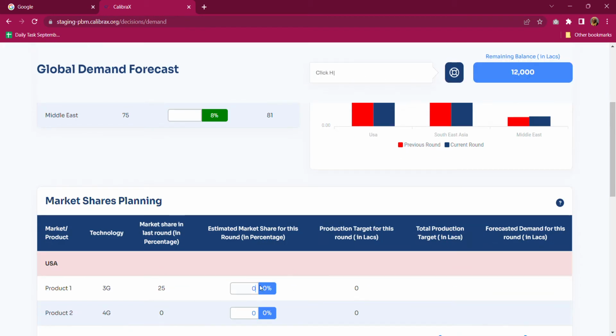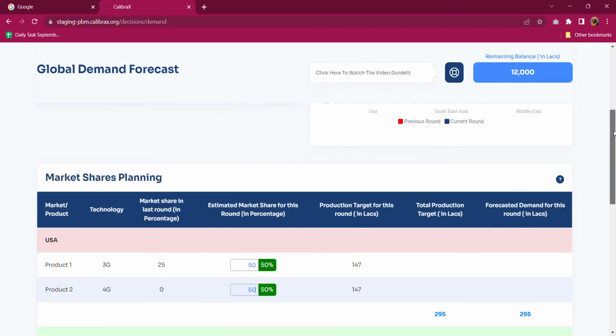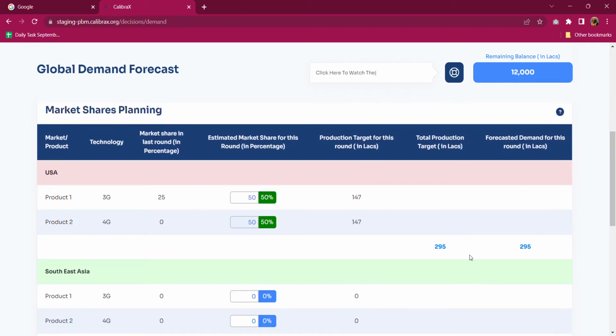Now let's say we are planning 50% for 3G and 50% for 4G. So we are entering 50%. And here you can see that our predicted market share is 295. This is how I am going to input all the markets for 3G and 4G.